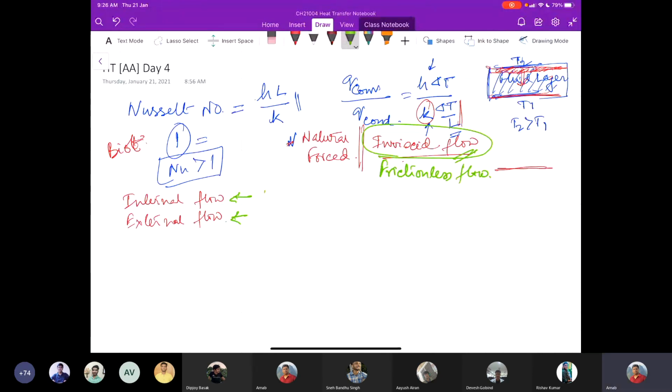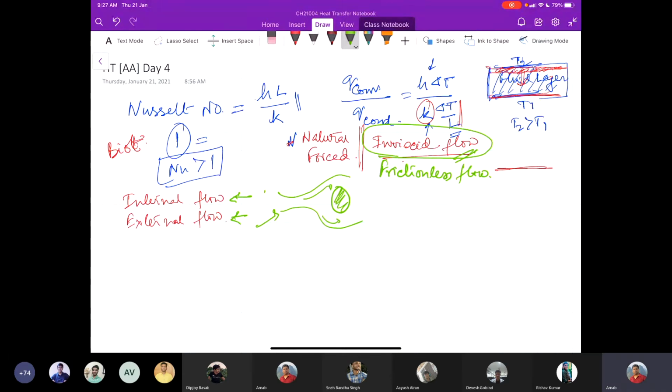A flow happening over a flat plate or around a sphere is external flow. Clear? So flow through a pipe is internal flow, meaning the flow is bounded by walls. But when it is not bounded by walls, it is external flow.